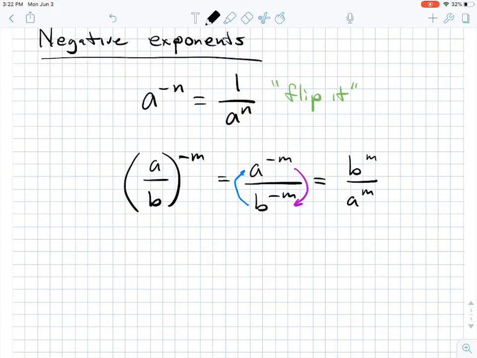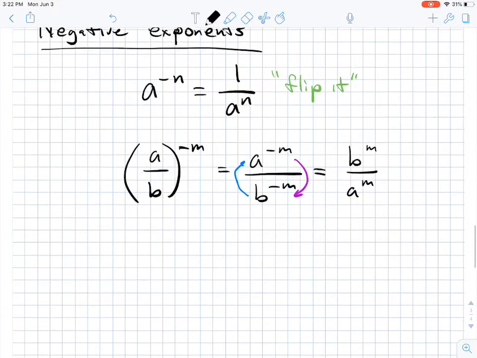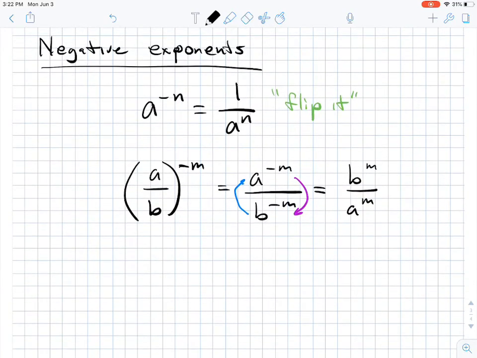So just like here, the quotient rule, we just took it and flipped them. The exponents then become positive, and your numerators and denominators just simply flip. But you want to make sure that your exponents are positive. So that's all you're doing, just simply flipping them. So there are your negative exponents.